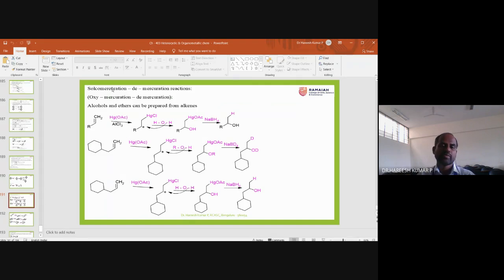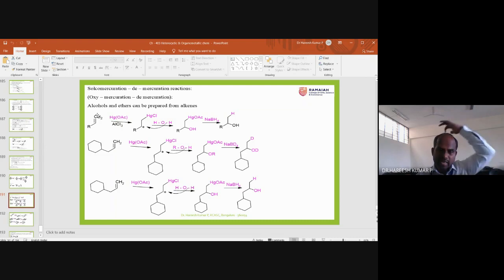Solvomercuration, you should remember, means addition of solvent as well as mercury compound. So here the reactant or the substrate is a double bond. Double bond means alkene. To this alkene, mercury Hg as well as OAc is added. So OAc will add to this carbon.